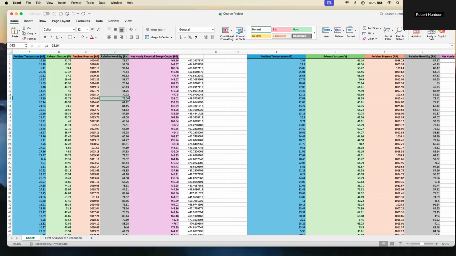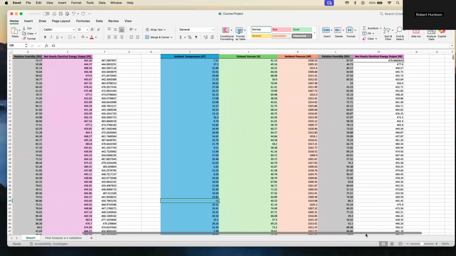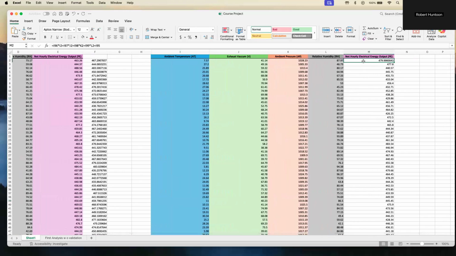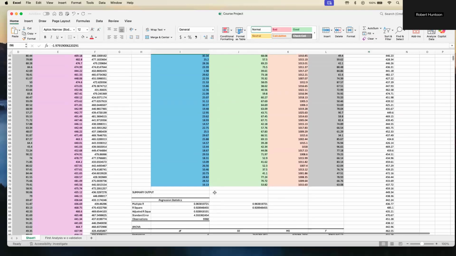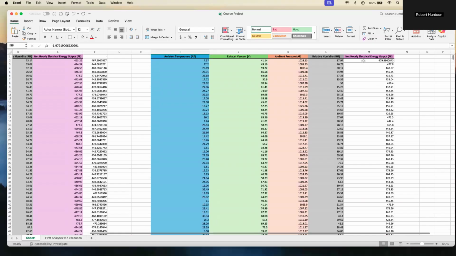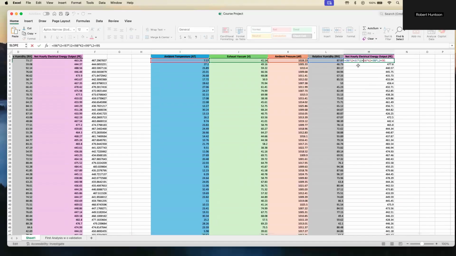I used root mean squared error, like I mentioned, to validate the model and perform all of the equations that were required here. I used the slopes given after running the validation for ambient temperature, exhaust vacuum, ambient pressure, and relative humidity. I was able to use these coefficients to determine the actual output using this equation.